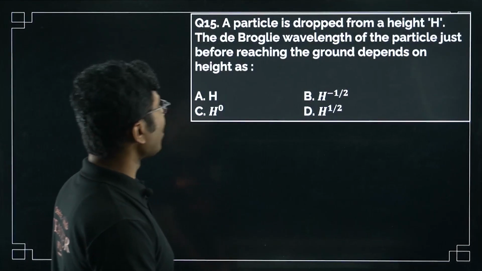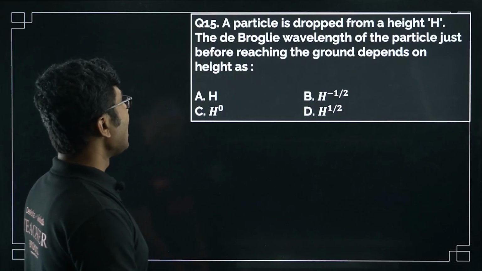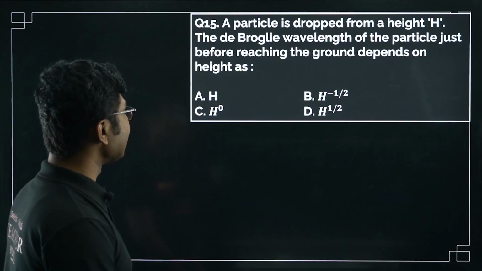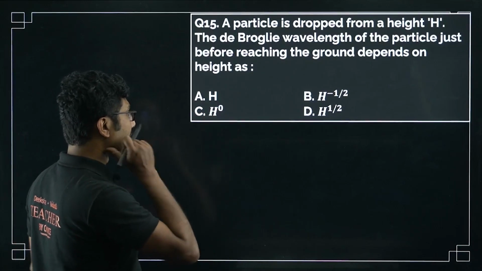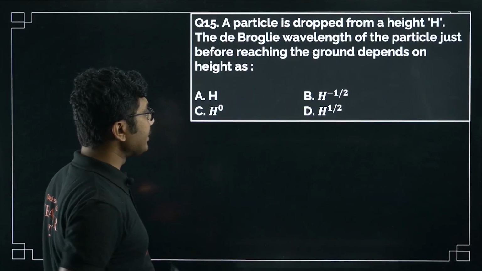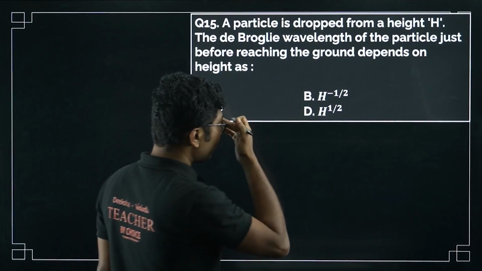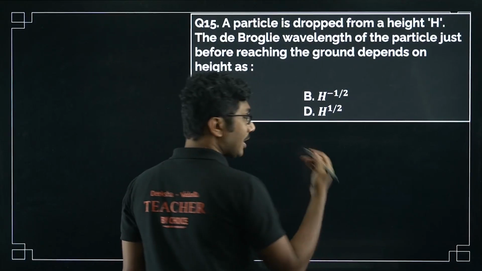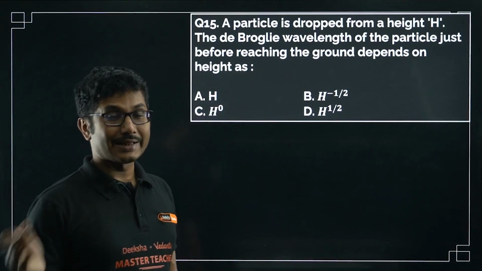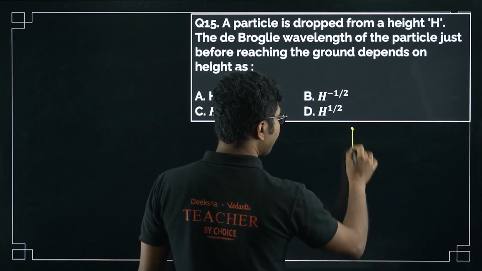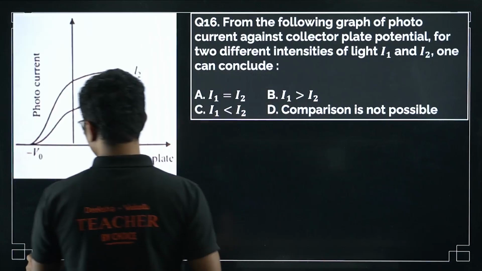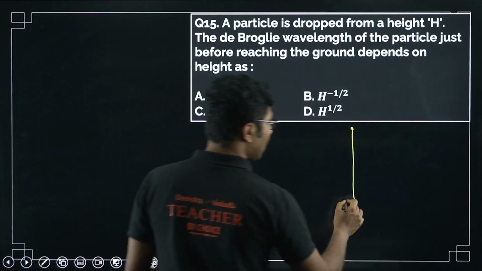A particle is dropped from a height h. The de Broglie wavelength of the particle just before reaching the ground depends on the height as h to the power minus half, h to the power 0, h to the power plus half. Let's see. So what is the formula? So first we have to calculate the velocity and then momentum. So if you drop it from some height, okay, just before touching the ground, what is the velocity?